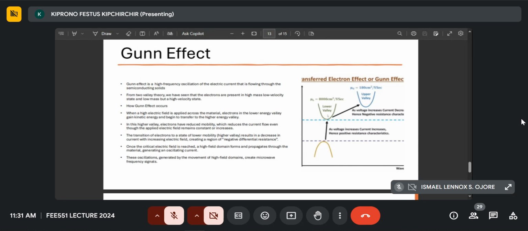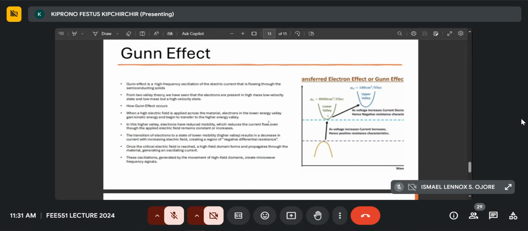This is the application of the Gunn diode through the Gunn effect. For a Gunn diode to operate, we need the Gunn effect. Once we have it, we can create microwave frequency signals. This will be discussed later under the applications.